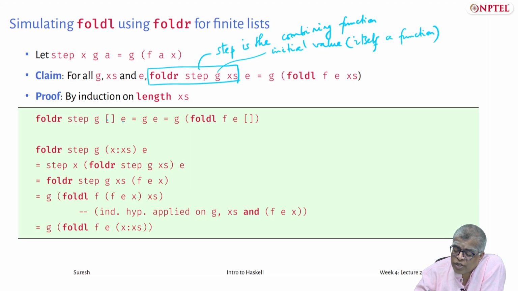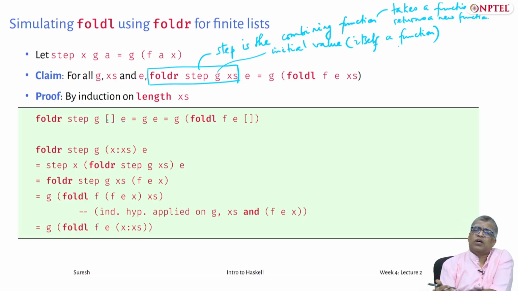And the combining function takes a function and returns a new function. This is just to illustrate the power of higher order functions in Haskell.